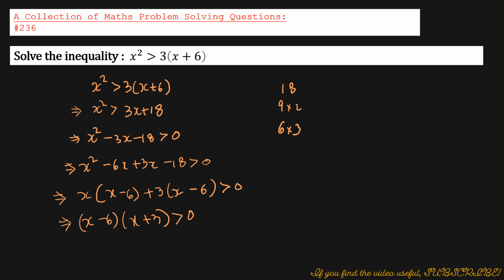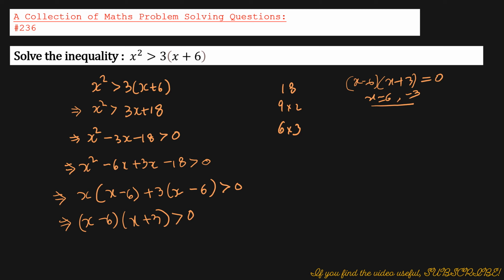So we have two solutions. If x minus 6 times x plus 3 is equal to 0, then we'd have two solutions, x equals 6 and minus 3.